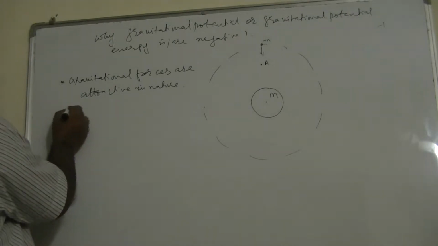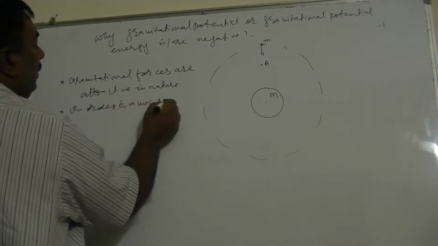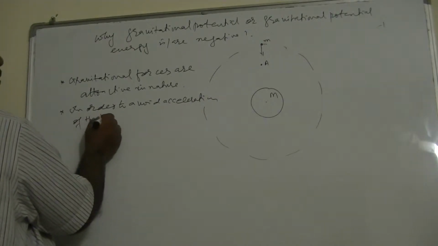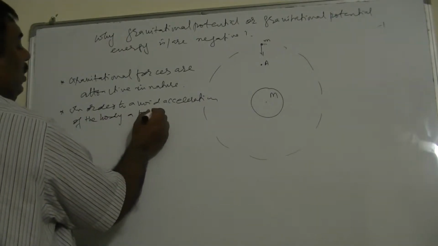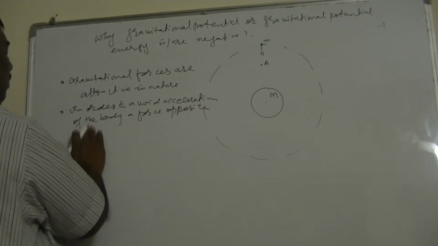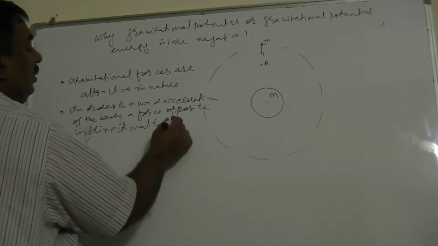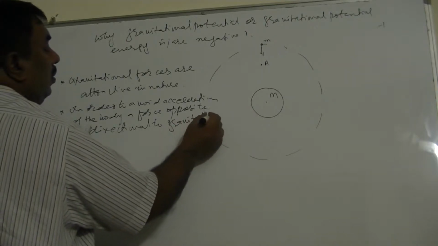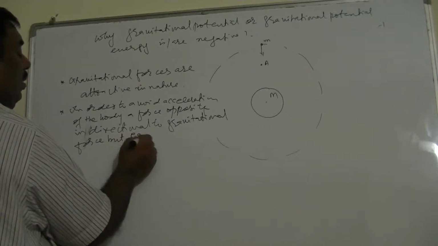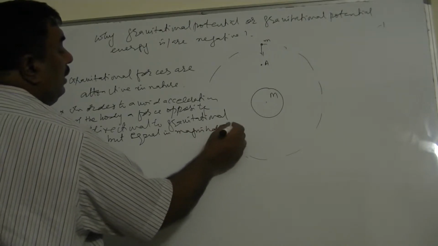So in order to avoid acceleration of the body, a force opposite in direction to the gravitational force but equal in magnitude is applied.